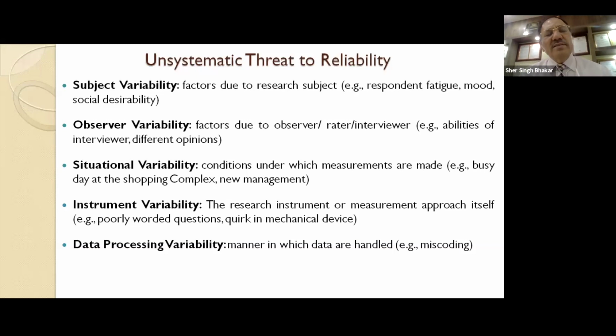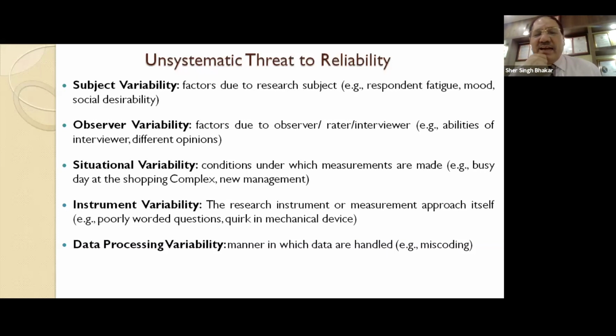So there is variability, and that can create problems for your reliability and validity. Observer variability means if you are using somebody as an observer observing a phenomenon, he might record it wrongly. His perception can also vary, and therefore the values may be different at different points in time and between different observers.